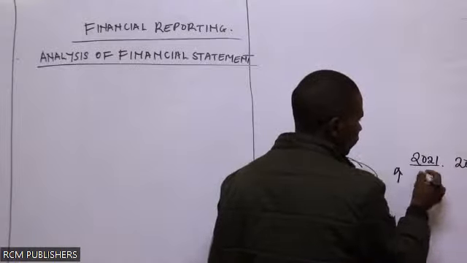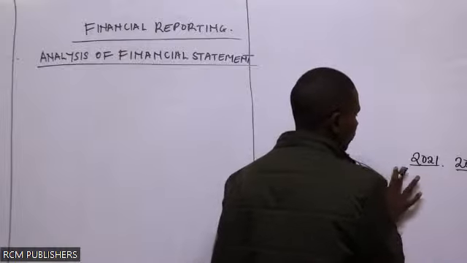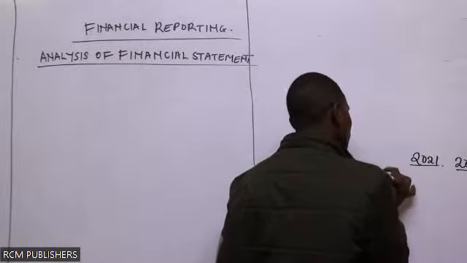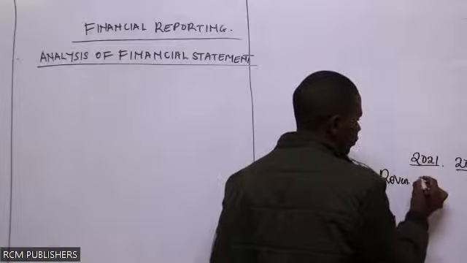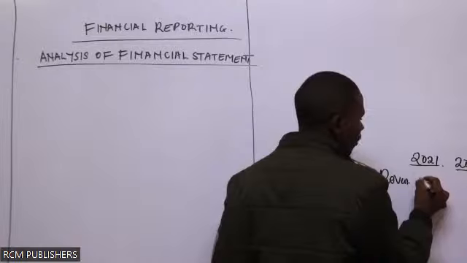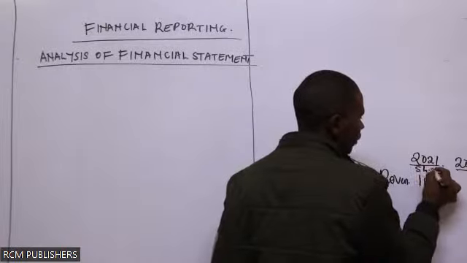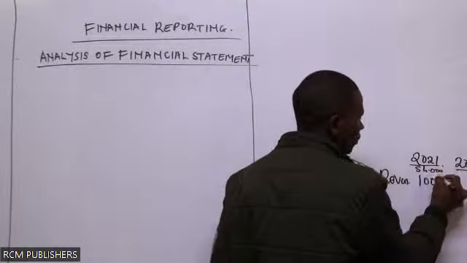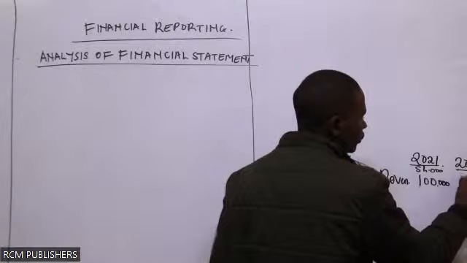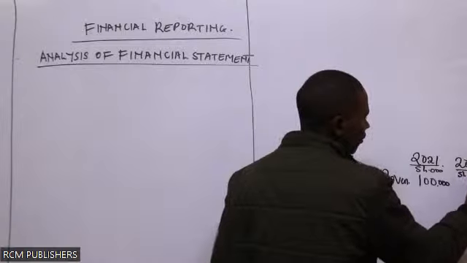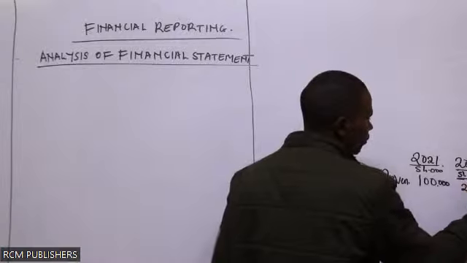Let me start with revenue, the one I told you about. Revenue 2021. I had a revenue of maybe 100,000, shillings being in 1,000. And then in the year 2022, I had a revenue of maybe 200,000.